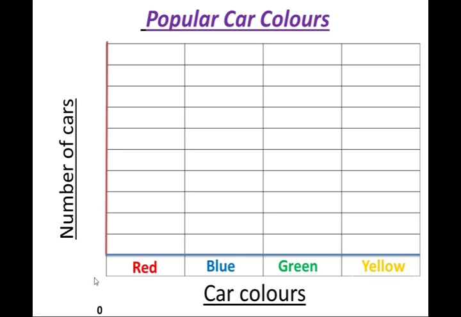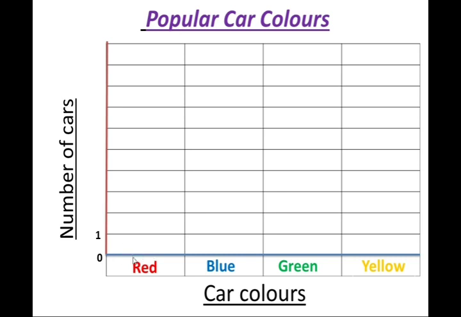A scale always starts with the number 0. Your starting point from which you start drawing your bars is the number 0. We did say that because our number range is small, the highest or the most amount of cars that were counted were the blue cars, which were only 10. So we could use the scale in a counting pattern of ones, which means each block stands for 1 car that is counted.